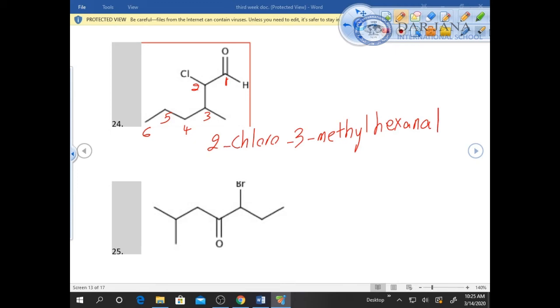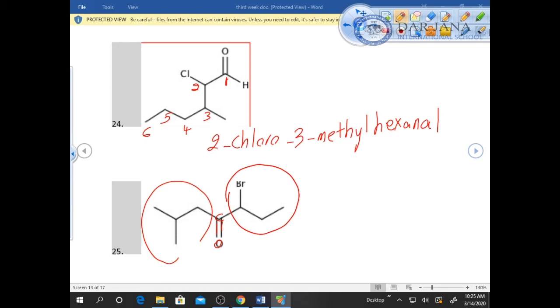Moving to question number 25. Number 25, we have a ketone molecule. Once you see carbon double bond oxygen between two carbon group chains, so this is a ketone molecule.